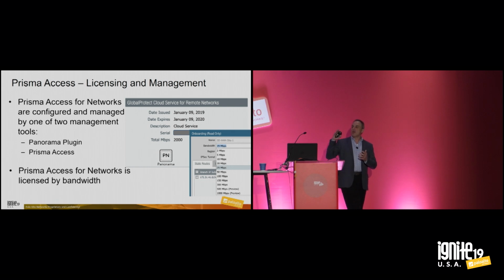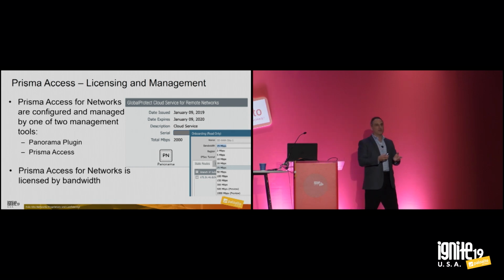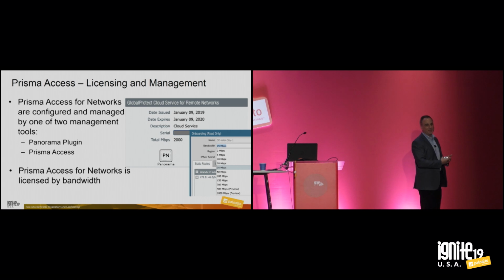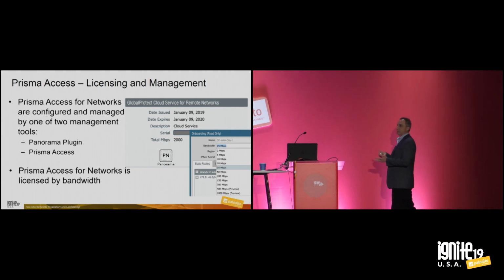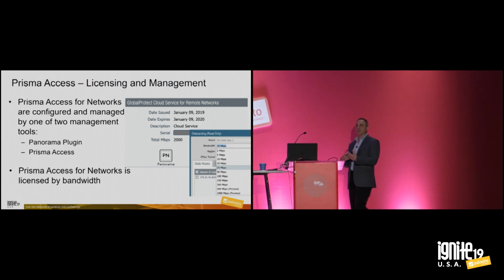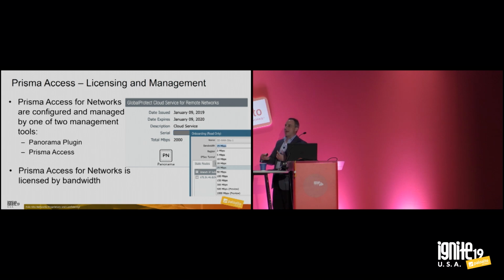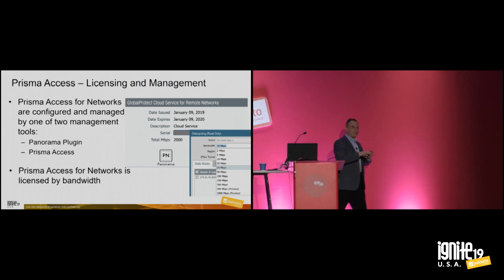So let's start from the management scheme. Within Panorama, you have a pool of bandwidth. This bandwidth is not associated with a specific region, it's not associated with a specific branch, but it's a pool that you can use as you're onboarding your branch environment. So as I bring one in, I can associate a specific bandwidth to it, right? And this is strictly licensing.